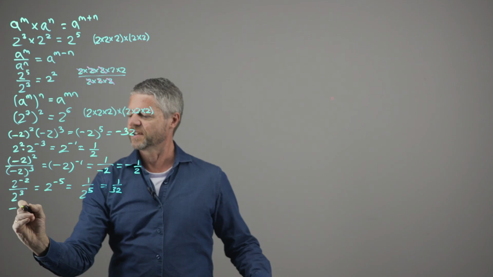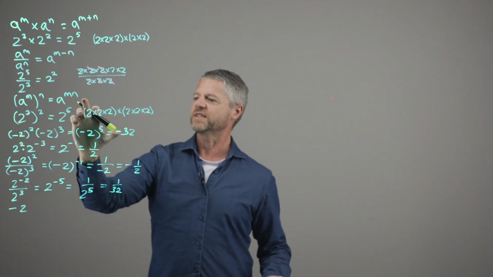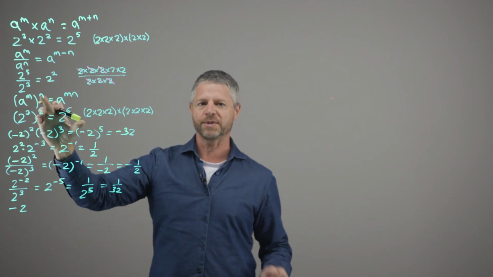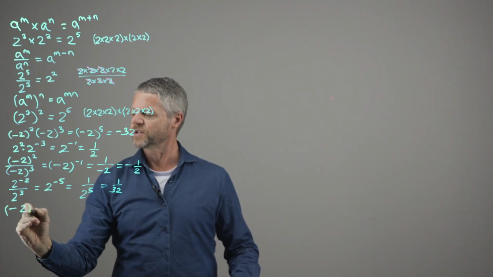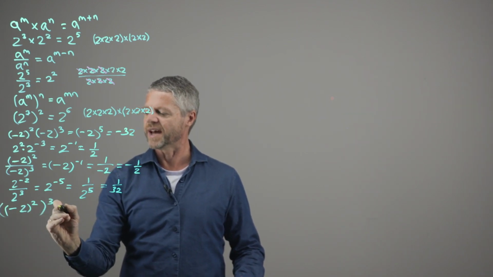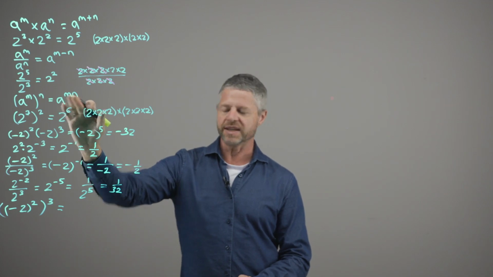Let's do some examples of this pattern here, where we've got an exponent and then apply another exponent to the whole thing. So we'll do minus 2 squared, and then we'll cube that. So in this case, I multiply the exponents.